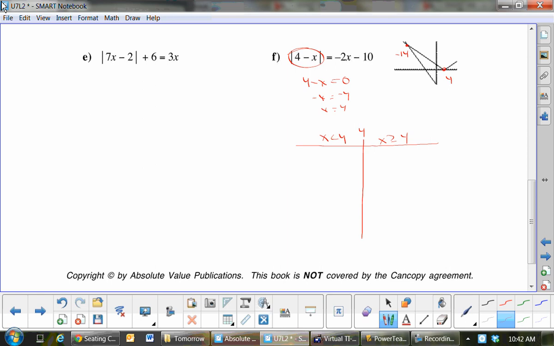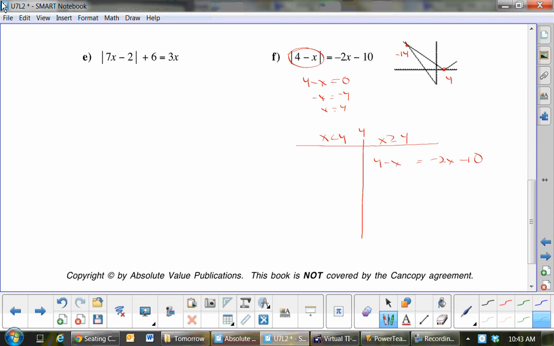Now, if we have 4 minus x equals negative 2x minus 10, what happens if I put in anything greater than 4? What happens? What's 4 minus 5? Negative 1.